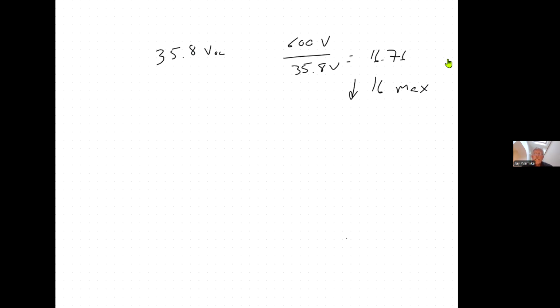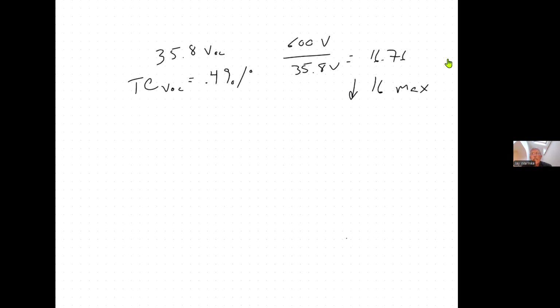The problem is temperature affects voltage. So how much does it affect voltage? Well, on your panel spec, there's going to be a thing called temperature coefficient at VOC, which basically is how much does that panel's voltage vary for every degree Celsius. And you're going to see a number that's something like 0.4% per degree Celsius.